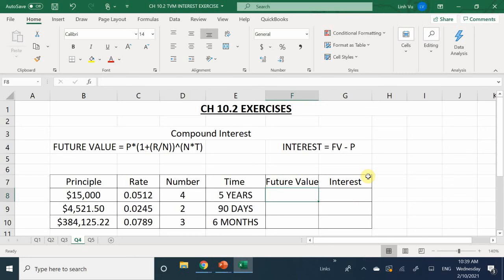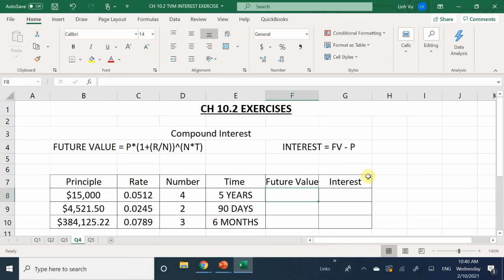If your original principal is 15,000, your interest rate here is 5.12%, compounded quarterly, so 4 times a year, and you're going to pay it off in 5 years. So let's go ahead and calculate the future value here.